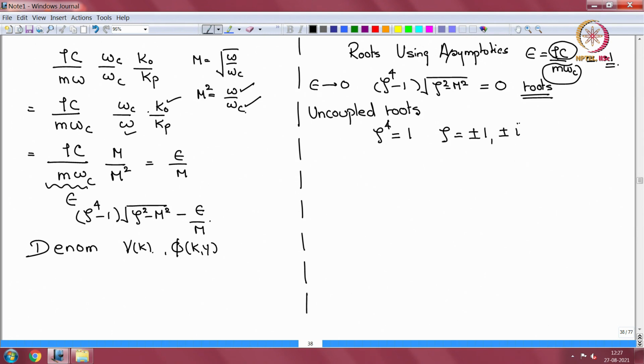You can see these are the flexural roots, plate roots. The other term, zeta square is equal to m square, gives me zeta is equal to plus minus m. This is the acoustic wave.